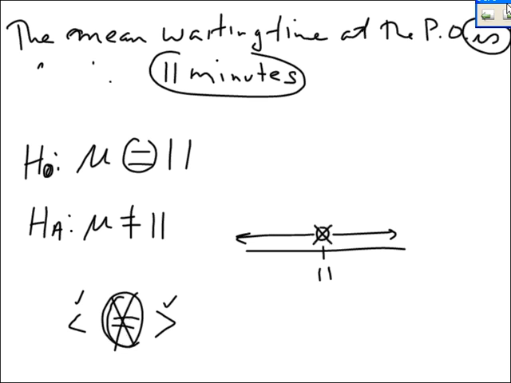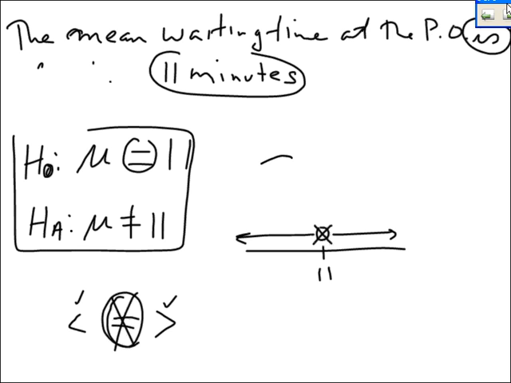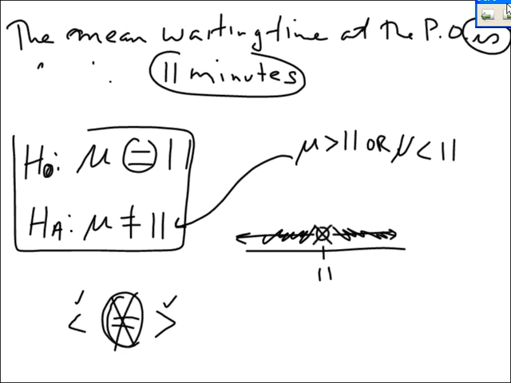You're just not 11. Okay, and that's how you can say it. I mean, if you wanted to, I know I wouldn't mark it wrong. Instead of writing mu is not equal to 11, you can say mu is greater than 11 or mu is less than 11. But that's the same as saying it's just not 11. If it can be more than 11 and it can be less than 11, well, then you just can't be 11.